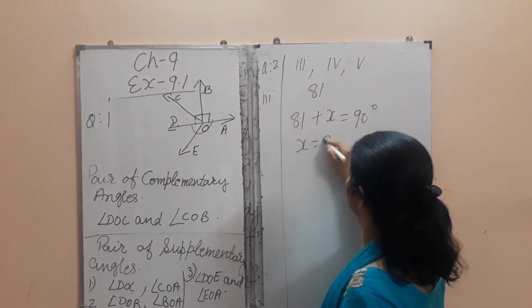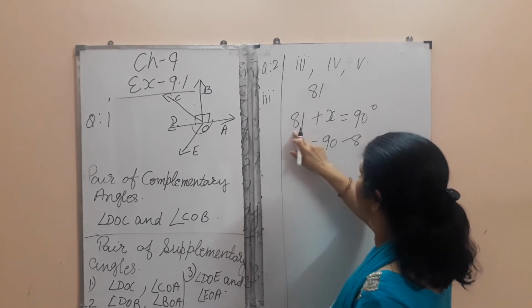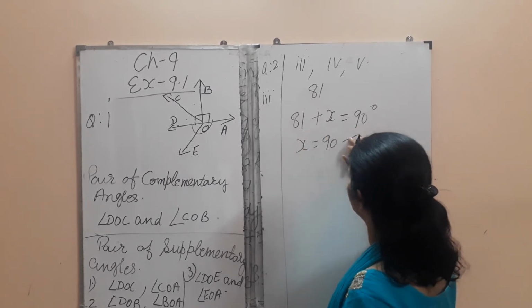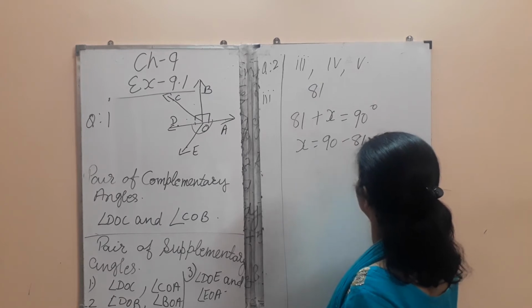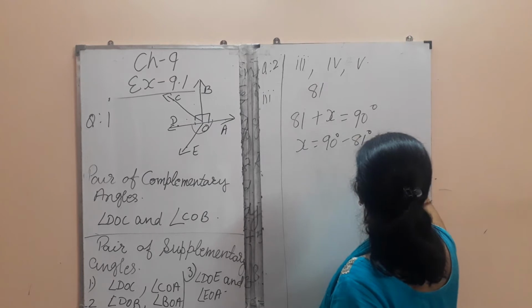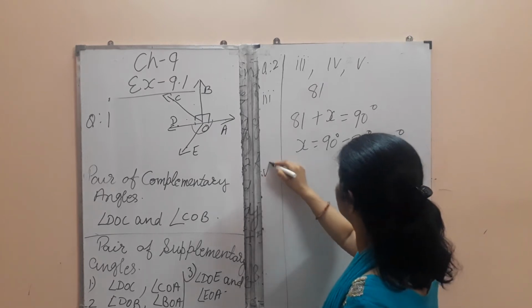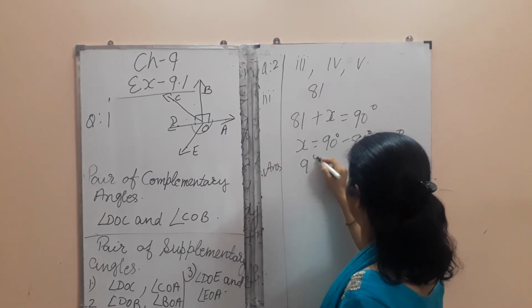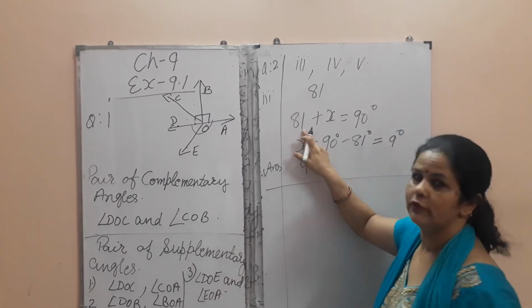So x equals 90 minus 81, the 81 goes to the other side so its sign will change. So the answer is 9 degrees, the complement of 81.